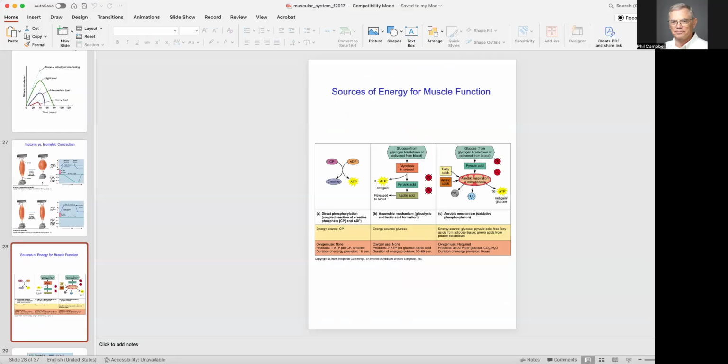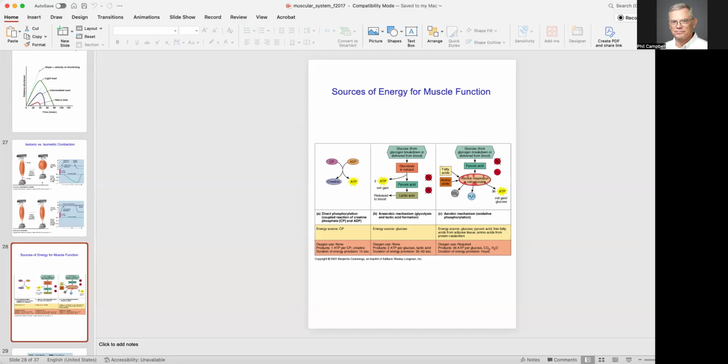it's obvious that you need a lot of energy to work your muscles. You need energy in order to have power strokes. You need energy in order to pump that calcium back to the sarcoplasm. You need a lot of energy in order to use your muscles, right? So where is that energy coming from? Three basic sources.